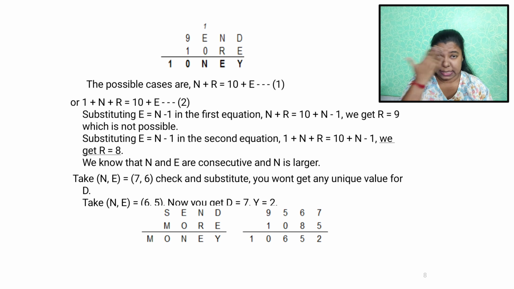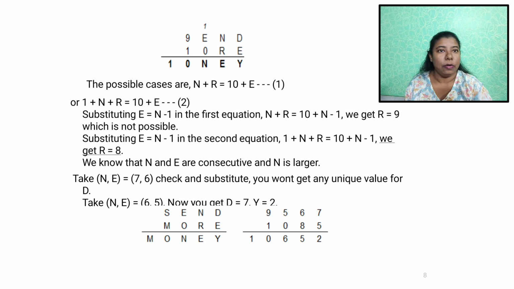If we consider N equals 6 and E equals 5, now we get D equals 7 and Y equals E. How, in the process? Simple, putting the values N equals 6 and E equals 5 into the following. So, a simple process.